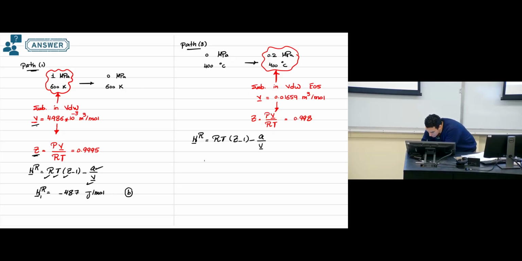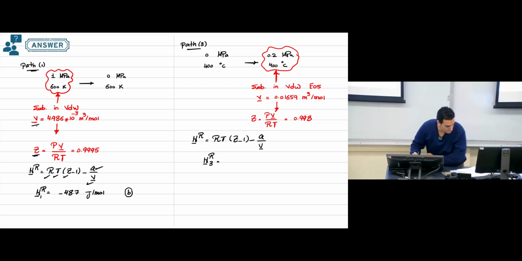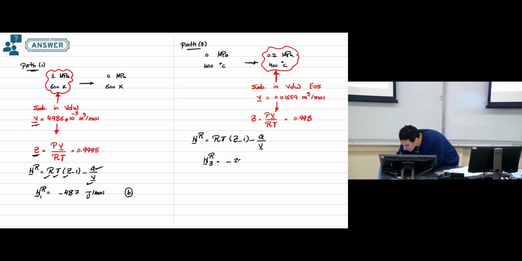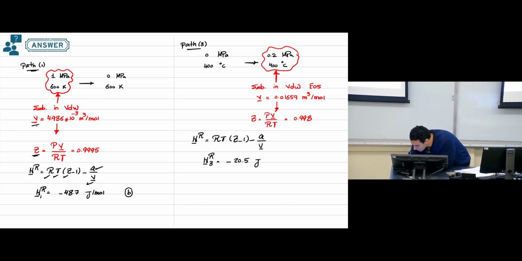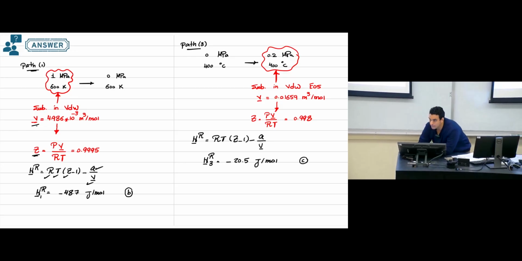Substitute with the conditions we have here, then the residual property for path 3 will be negative 20.5 joule per mole. And this is equation C.